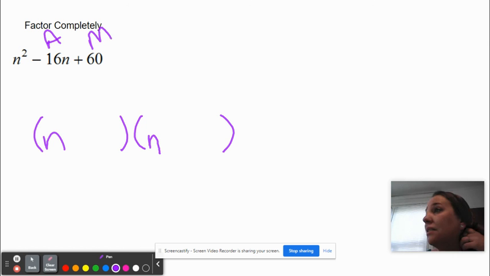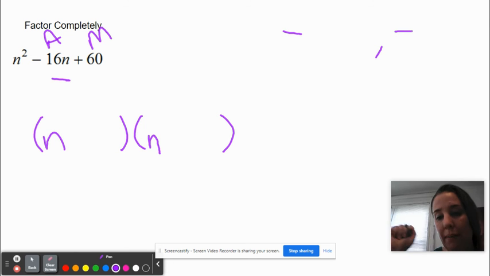Positive times a positive is positive. Negative times a negative also multiplies to be a positive. So looking at that, knowing we need to add up to a -16, we're going to need two negative numbers that multiply to be 60 and add to be -16.